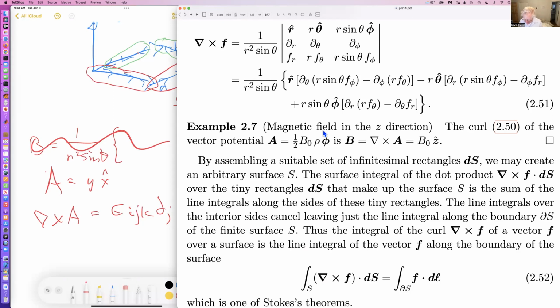Well, the only nonzero component is A1, and A1 is equal to y. All the others are 0. So this is epsilon ij1 partial j of y.